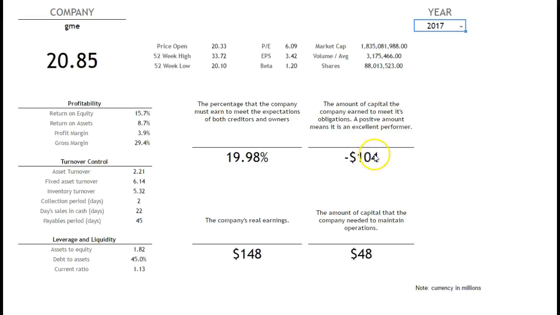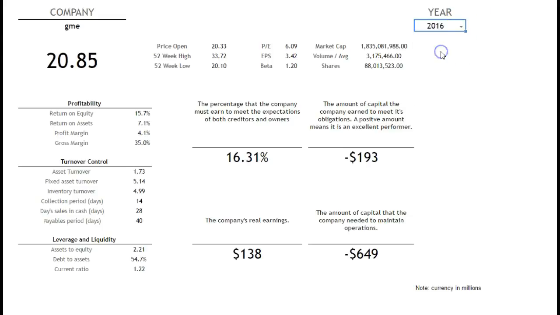It's actually a good company because we have two positives and one negative, and these two are considerably high compared to this one here. So remember, here is what they needed to earn to meet the obligations of the creditors and owners. Here is the real earnings, and here is the amount that they had in excess to run their daily operations.